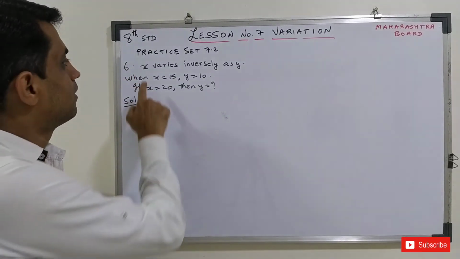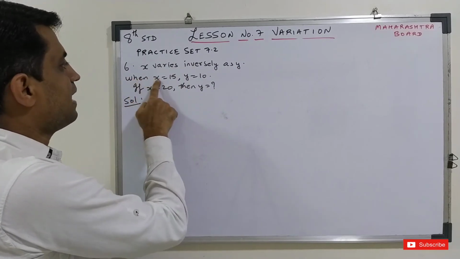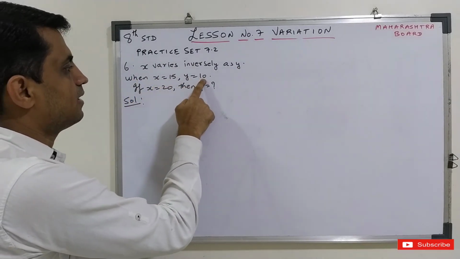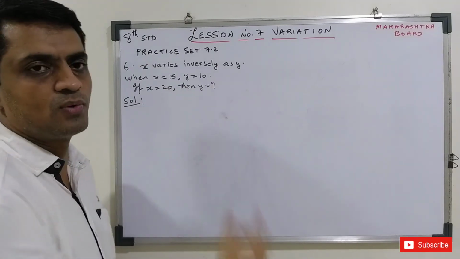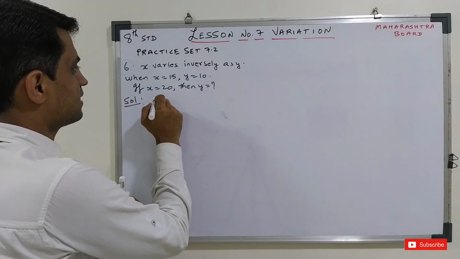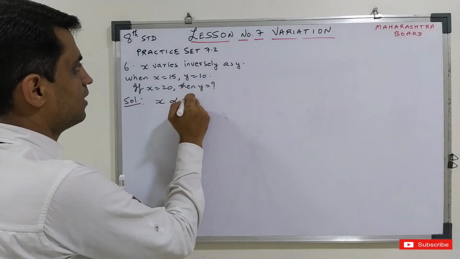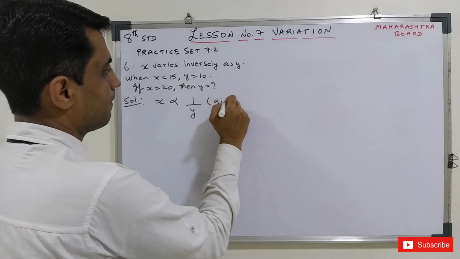Sixth sum. x varies inversely as y. When x is 15, y is 10. If x is 20, then y is what? Same method. Our first step is fixed. x varies inversely with y. That is given.